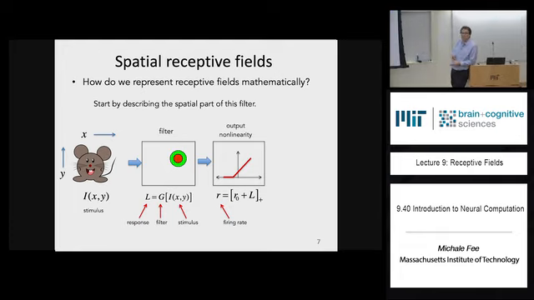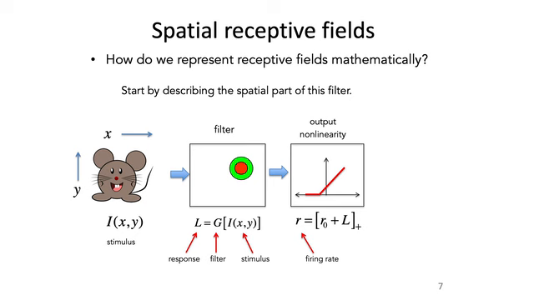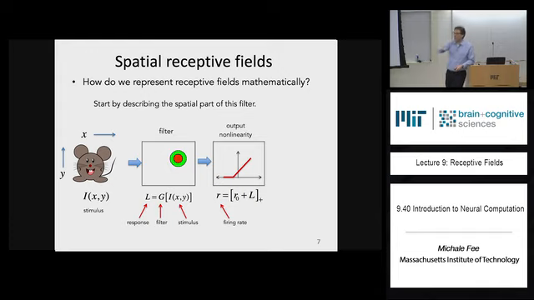Okay? So in this case, you can see that as a function of L, I should have labeled that axis L, when L is 0, the neuron has some spontaneous firing rate R0, and if L is positive, the rate goes up. If L is negative, the rate goes down until the rate hits 0, and then once the neuron stops firing, it can't go negative, right? So the neuron firing rate stays at 0.